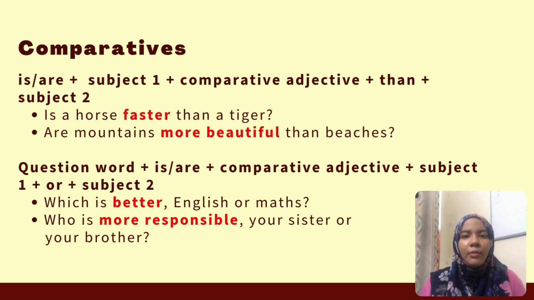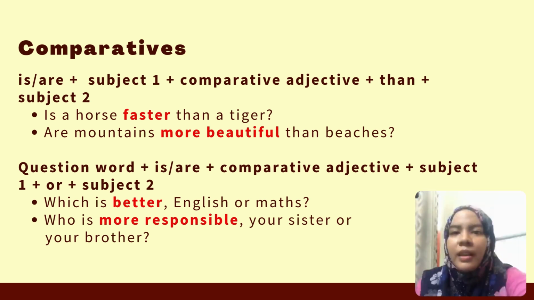So let's see the second way to form question for comparative. So the second way is question word plus is or are plus comparative adjective plus the first subject plus or plus the second subject.